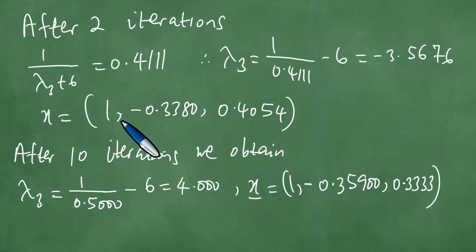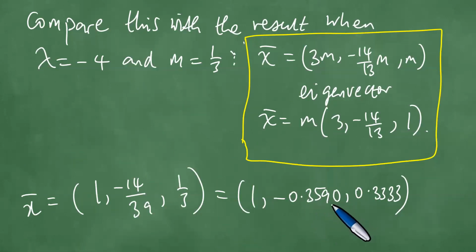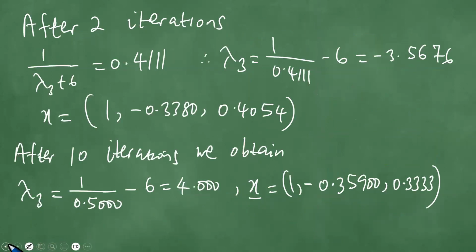But using the power method, after 10 iterations we get closer and closer to the eigenvector itself, because it's 1, then 0.3333, so we get much, much closer. Okay, I want to give a comment about something extremely important here.